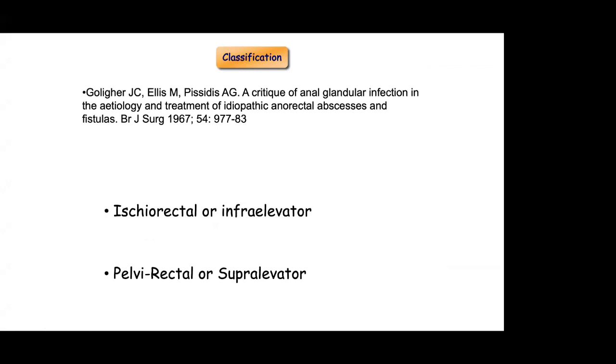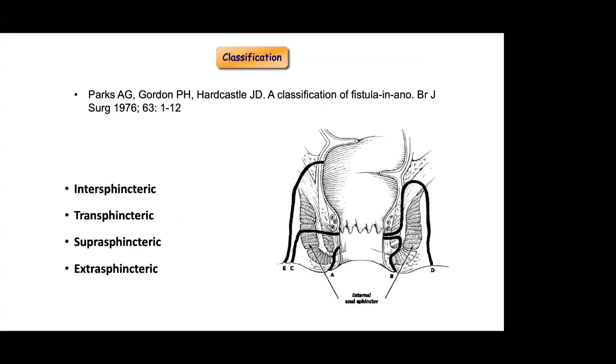According to Goligher, only 2 out of 3 patients with a perineal abscess may have communication with the crypt. For this reason, he classified the fistulas as superficial, intersphincteric, trans-sphincteric, complex fistulas in the ischiorectal space, infralevator fistulas or supralevator fistulas.